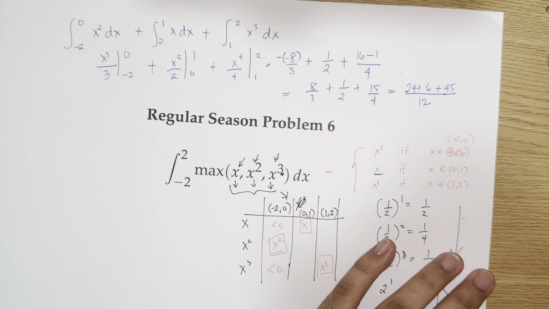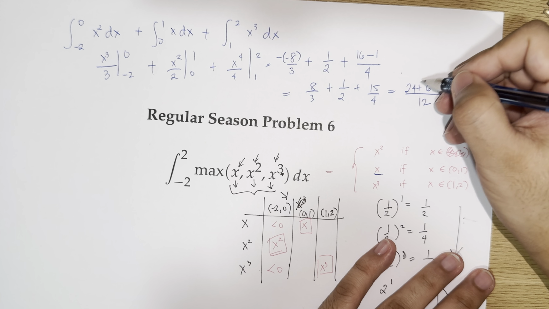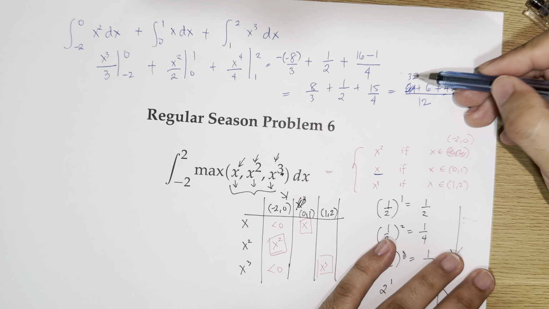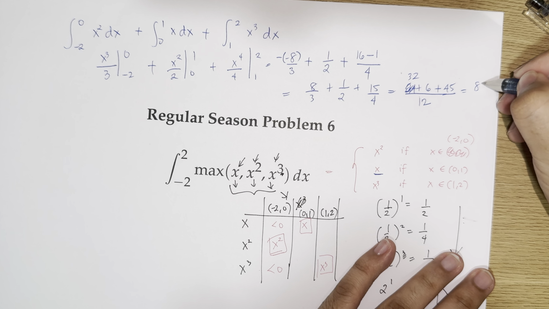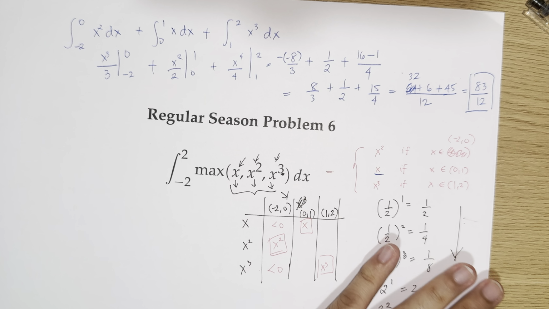Oops, 8 times 4 is 32. So 32 plus 6 is 38, plus 45 is 83. So the answer is 83 over 12. And that's our final answer.